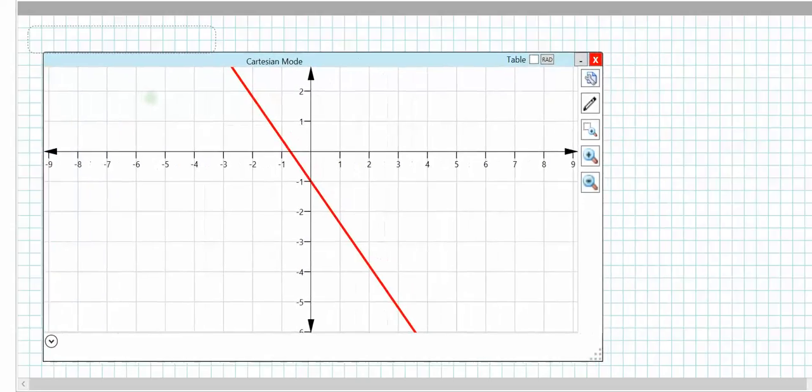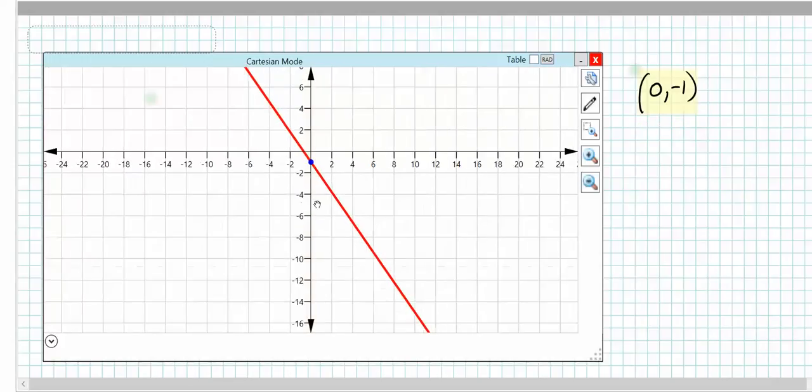You think 0, 1? Let's see if 0, 1's on there. Is that point on there? Yep, that point's on there. What else is on there? Can you zoom out a bit? Is that what you want? -4, 2?